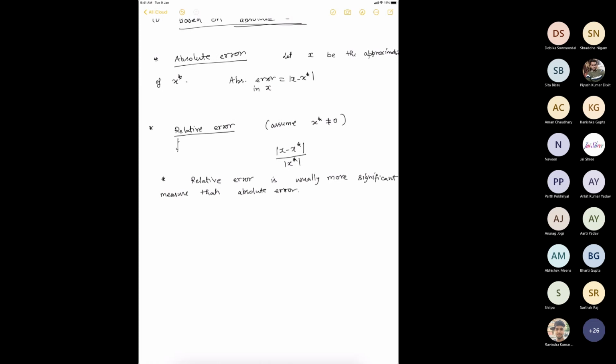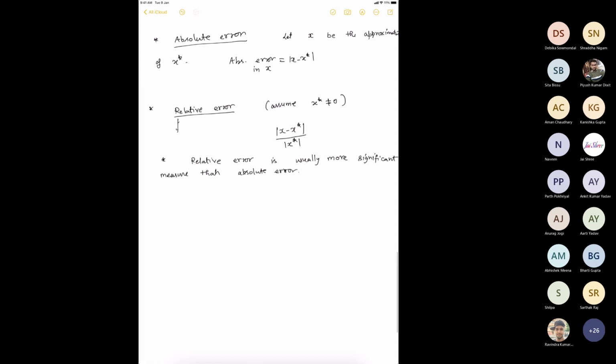But if your x star is not close to 0, and in another case, let's take when your x star is close to 1, then of course you can expect that the relative error and the absolute error will not have much difference between them.